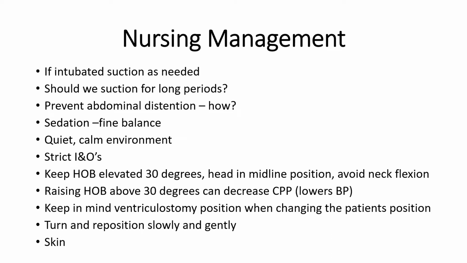Keeping that environment calm, quiet, okay, decreasing any stimuli is best for increased ICP. Again, going back to those metabolic demands, if they do have a temperature, we want to decrease shivering and keep that to a minimum.